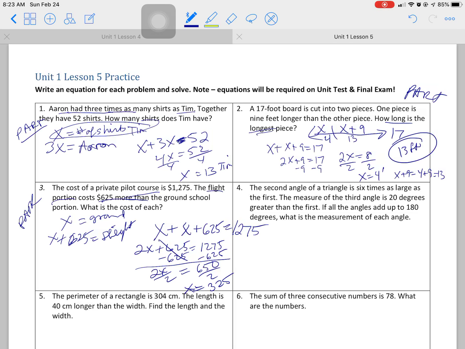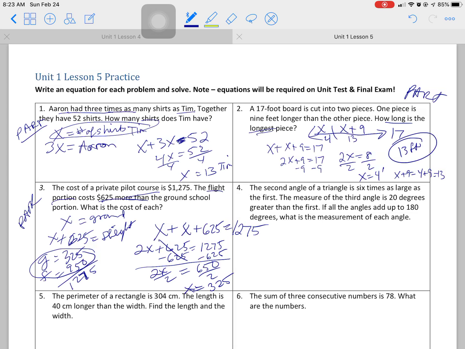What did it ask about? What's the cost of each? Oh, okay. So the ground was 325. The flight was 325 plus 625 is 950. And together, if I did that right, should be your 1275. That's a 7. So that's my final answer right there.